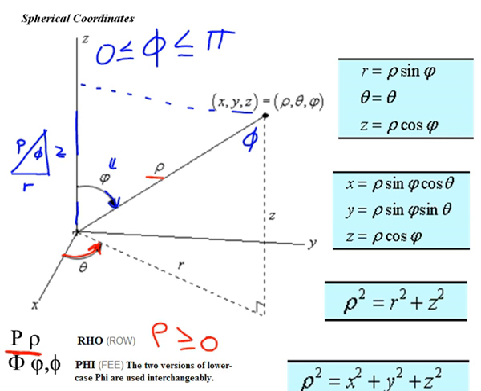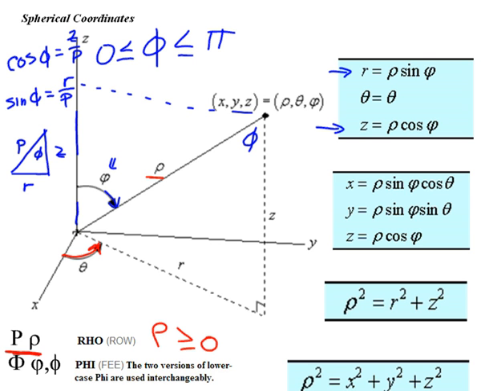Okay? And from that triangle right here, I get the cosine of phi, and you should try this before I write it. What is the cosine of phi? Adjacent over hypotenuse is z over rho. So cosine of phi is z over rho, and sine of phi is r over rho. Out of those two equations come these two right here.